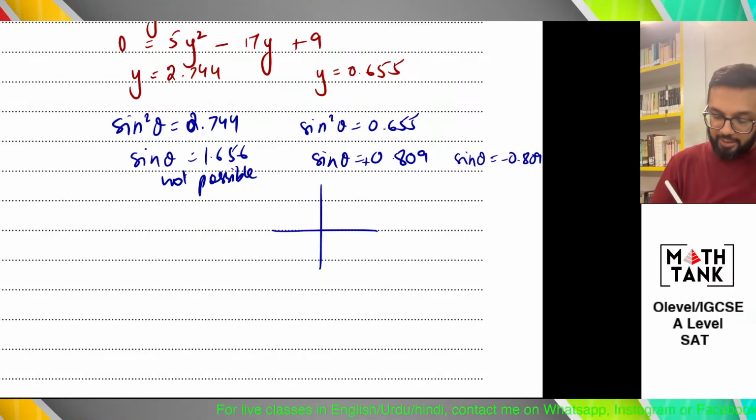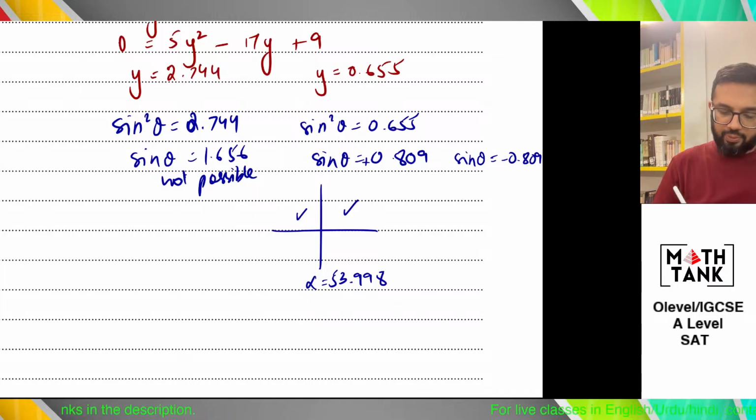One which is a plus. They're going to have the same basic angle, sine inverse of 0.809. So that's alpha equals to 53.998.